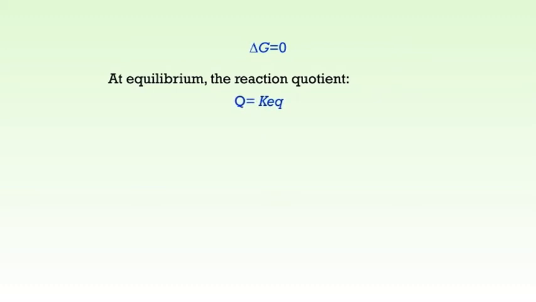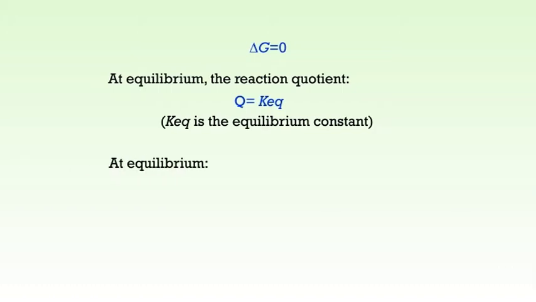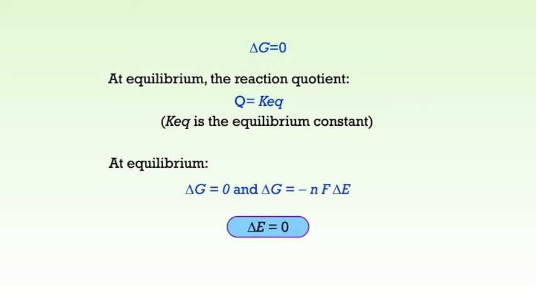As this happens, cell potential gradually decreases until the reaction is at equilibrium, at which ΔG equals 0. At equilibrium, the reaction quotient Q equals Keq, where Keq is the equilibrium constant. Also at equilibrium, ΔG equals 0 and ΔG equals minus nFΔE. So, ΔE equals 0.